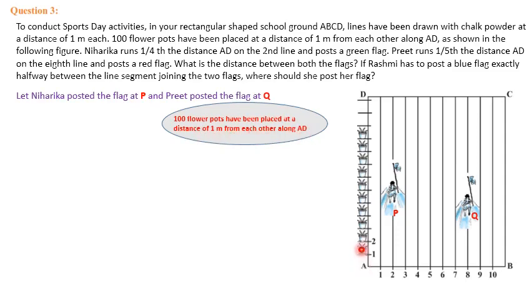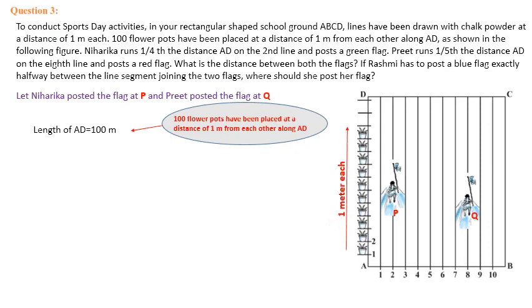So this is the length of AD, and here 100 pots are kept. The distance between each pot is 1 meter. That means the length of AD is 100 meters. There are 100 pots, and the distance between two consecutive pots is 1 meter, that's why 100 meters is the length of AD. So we will label it in the diagram.